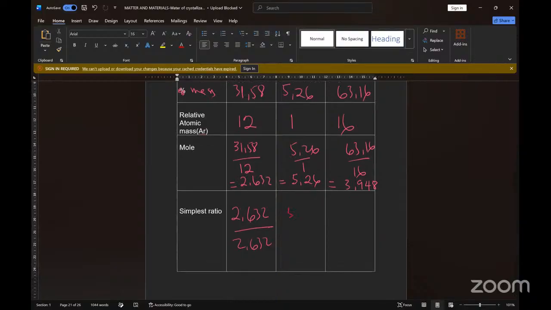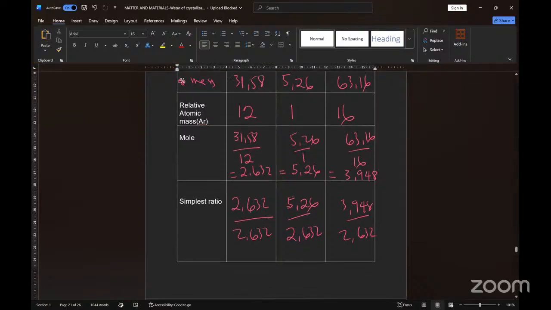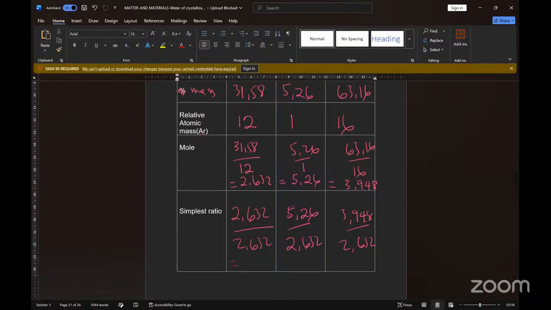We are going to have 5,26 divided by 2,632. And then the last one is this, 3,948 divided by 2,632. So this one obviously is going to give you 1. Anything divided by itself is 1.